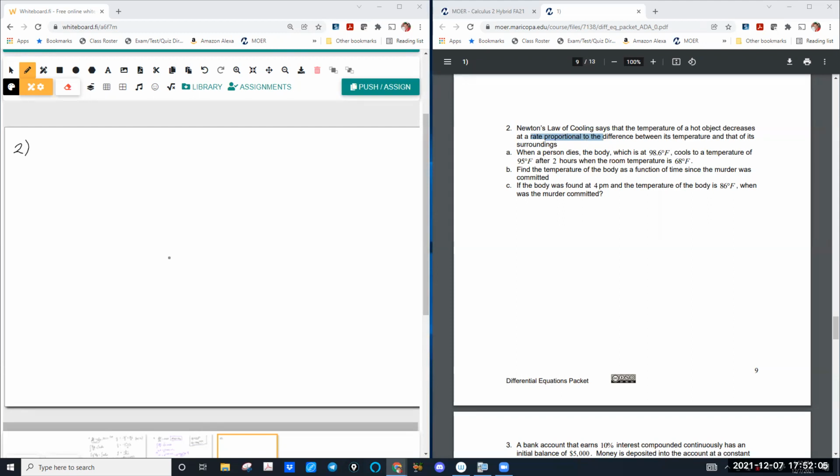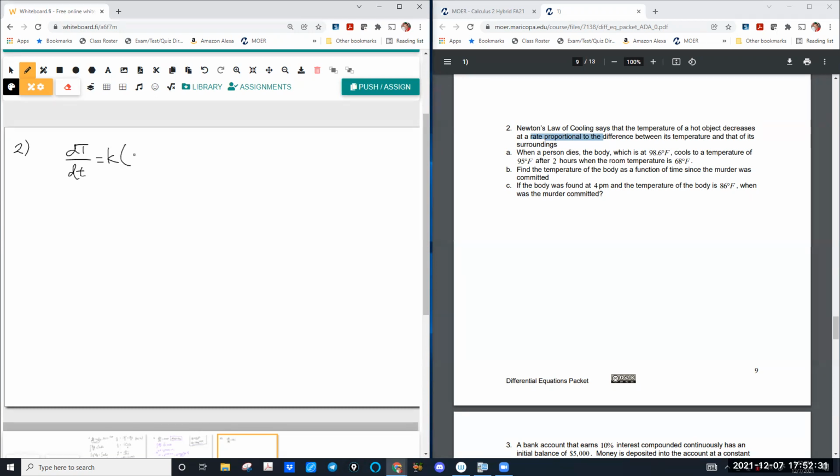So from there, that sentence allows me to set up my differential equation. I'll use capital T for temperature and little t for time. So that'd be the rate of temperature in our differential equations notation. Is proportional. So that means it gets a constant of proportionality. I like using K, but you can use any letter that you're not already using in the rest of it.